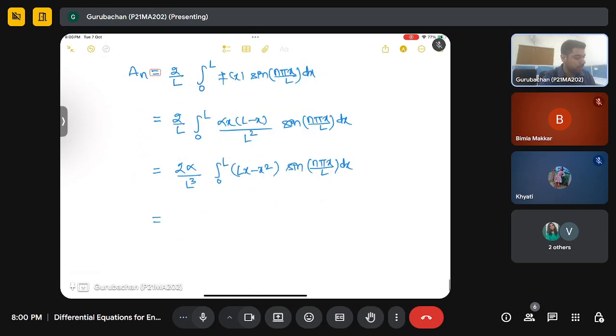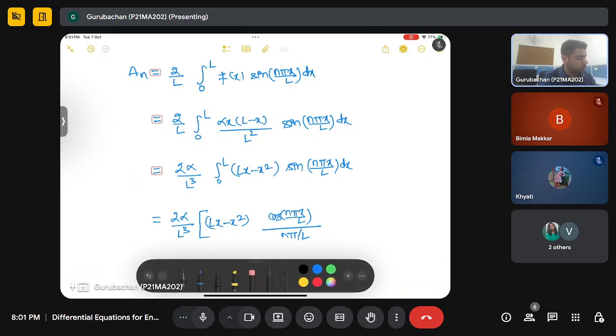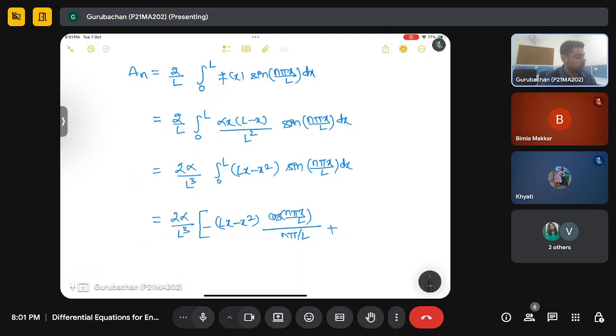If we calculate this integral, it will come out to be (Lx minus x square) times minus cos n pi x by L divided by n pi by L, from 0 to L, and then plus the integral 0 to L of (L minus its derivative 2x) cos n pi x by L divided by n pi by L dx.